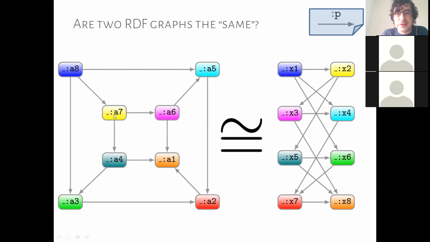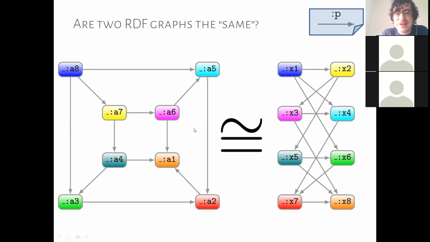Dark blue is also connected to yellow here, and dark blue is also connected to green here. So we see that through this mapping, we end up with the same graph, preserving all the nodes that are connected. So maybe red connects to orange and is connected to by green and cyan, or light blue. So we have red connects to orange and is connected to by green and cyan, and we can verify this for every node.